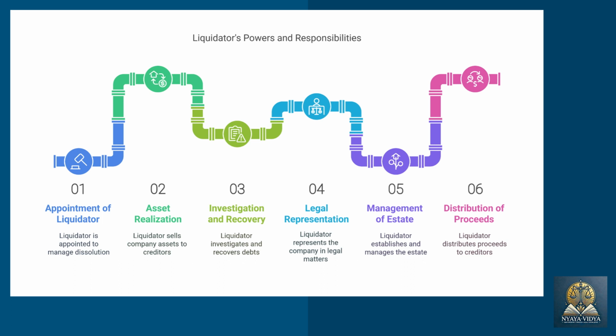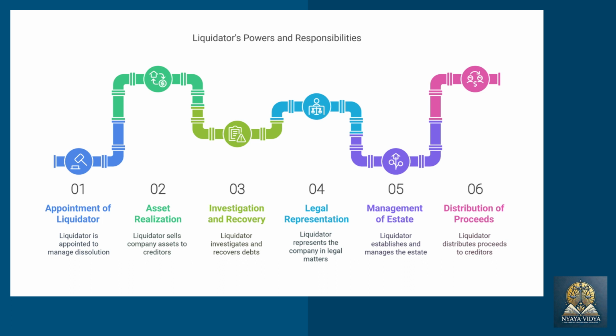The liquidator investigates and recovers debts. The liquidator can look into the company's financial matters to find out any fraud or any unfair preferences that harmed creditors. So he can investigate affairs and recover debts.